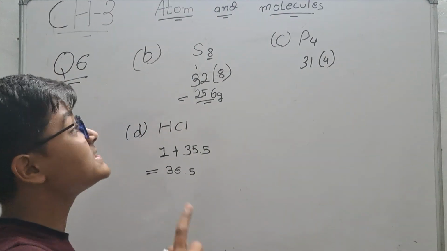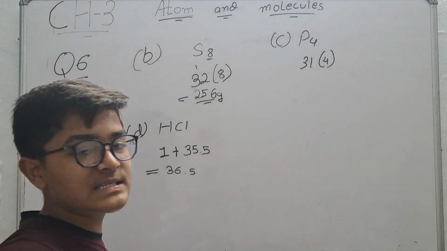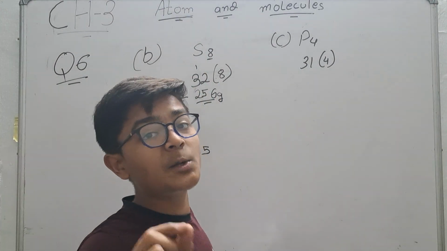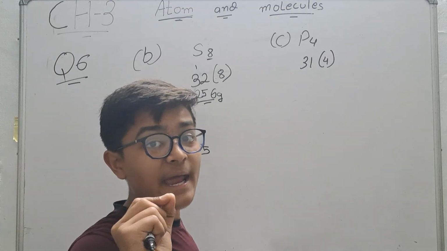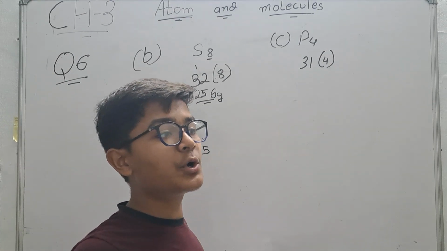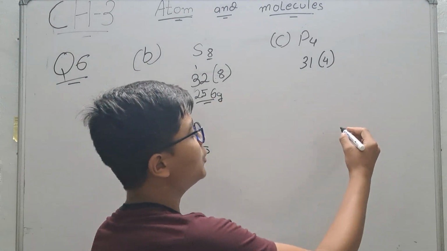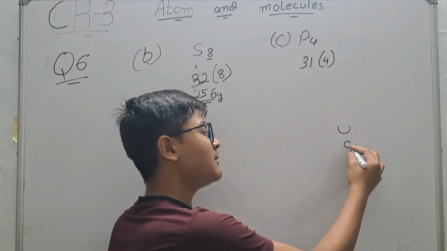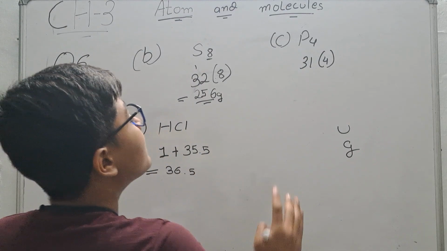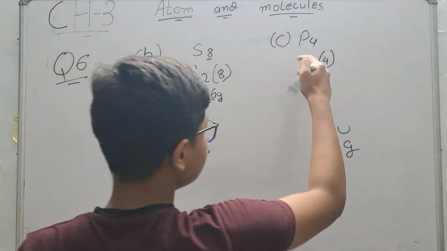Okay students, this is the molecular mass. In atomic mass, that means proton plus neutron, you will put u, but in molecular mass you will put g, gram. Now let's see this. 4 into 4.